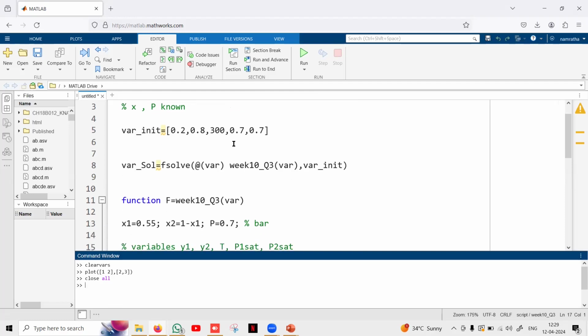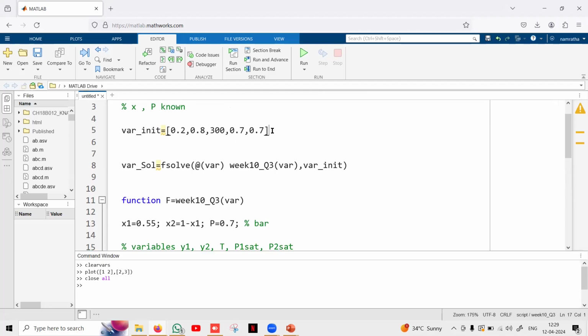So here we have x and P, and these are like initial conditions for the iteration. As I explained in the beginning of the video, please go through that. I'll explain now itself.